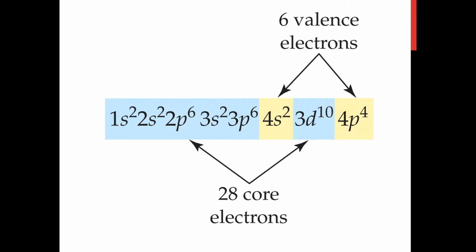So here, when you write the electron configuration out, the highest energy level is 4. So this element has 6 valence electrons. And it has 28 core electrons.